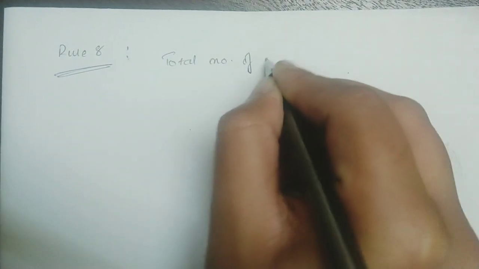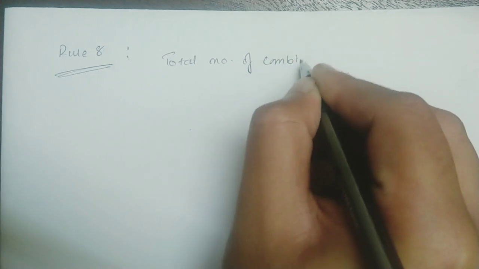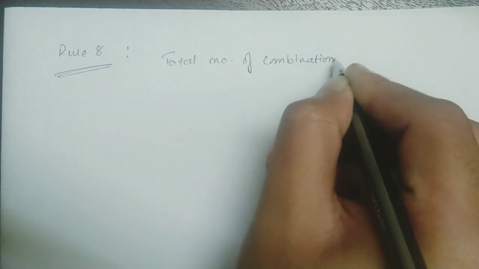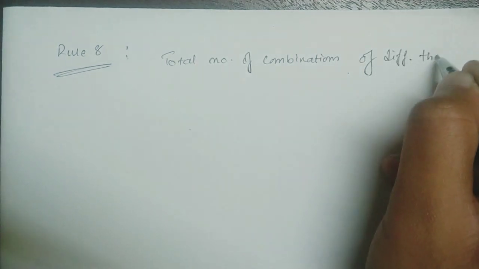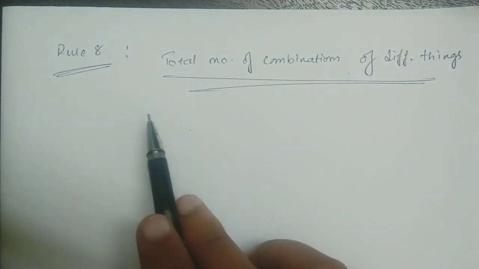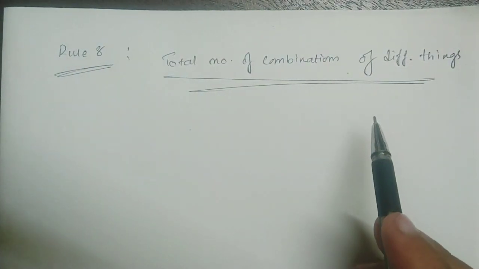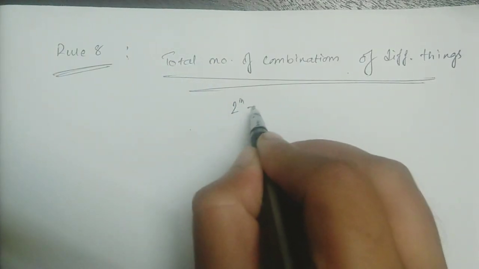total number of combinations of different things. Okay, when I try to find the total number of combinations of different things, at that time the formula would be 2^n minus 1.